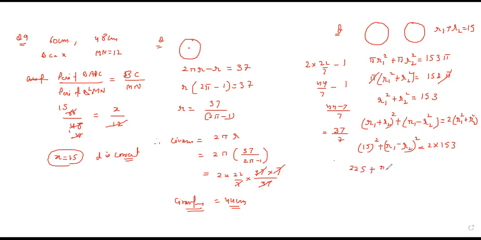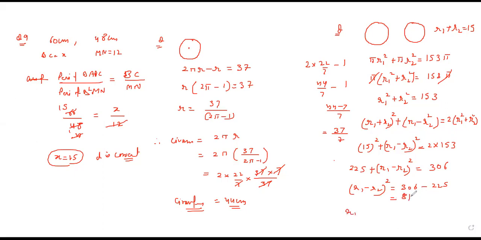So 225 plus r1 minus r2 whole square is equal to 306. r1 minus r2 whole square is equal to 306 minus 225, which is equal to 81.